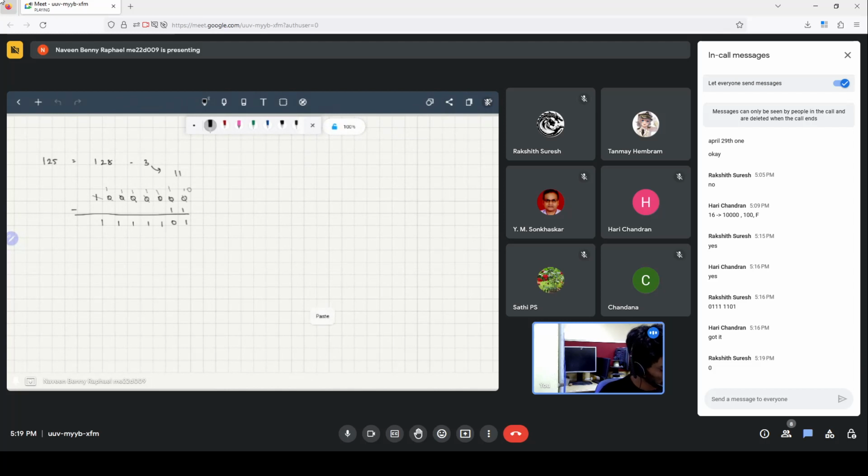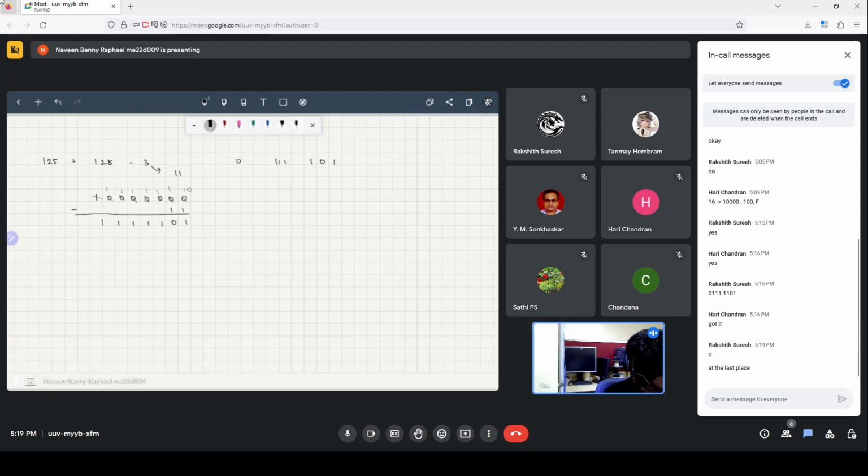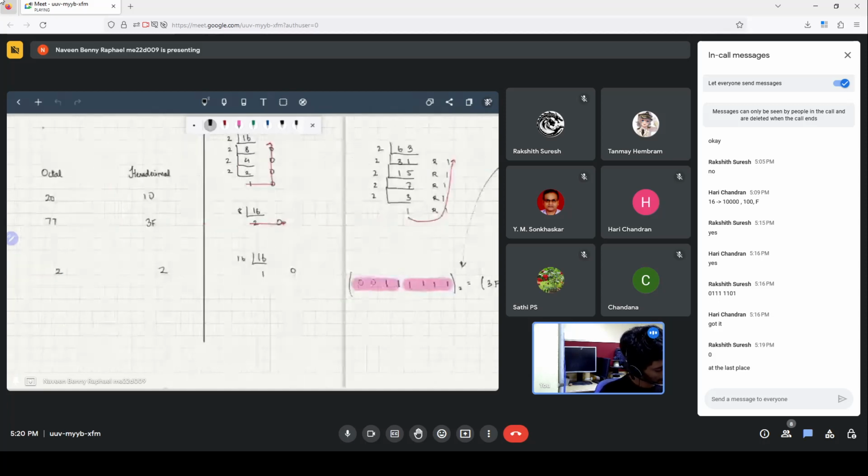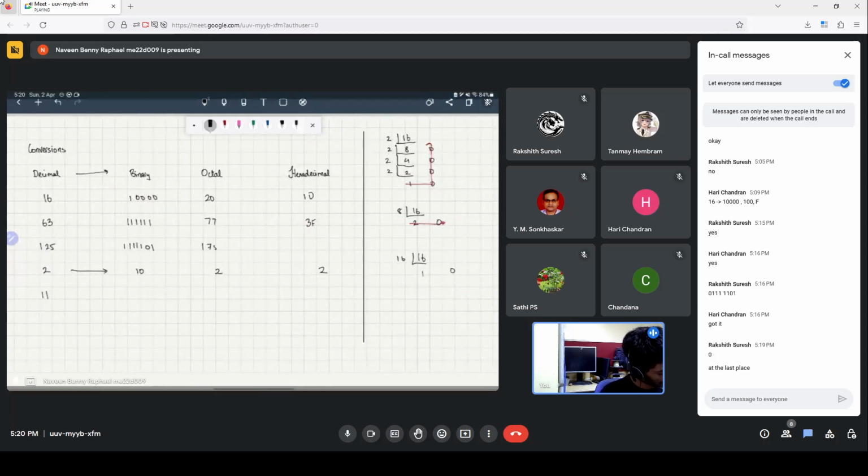So let's order these in terms of groups of 3s. That's 1 0 1 1 1 1 0 0 1. So in octal we'll get 1, 7, 5. So 125 is 175 in base 8.